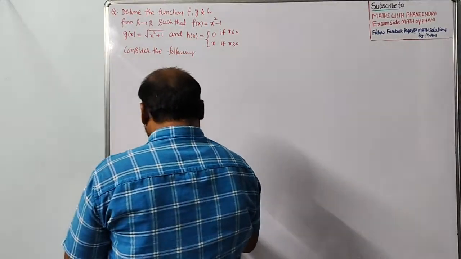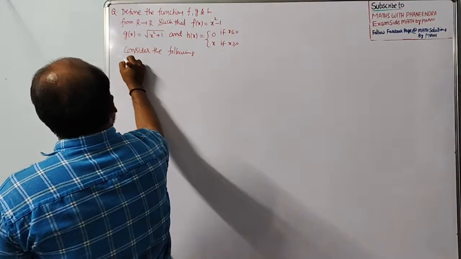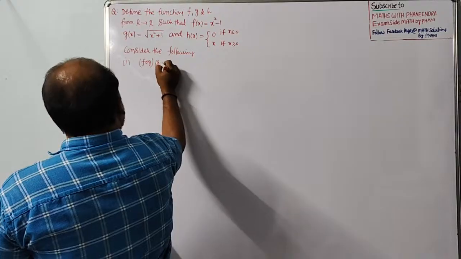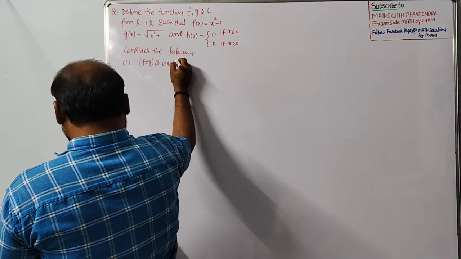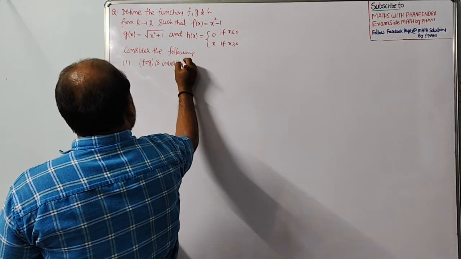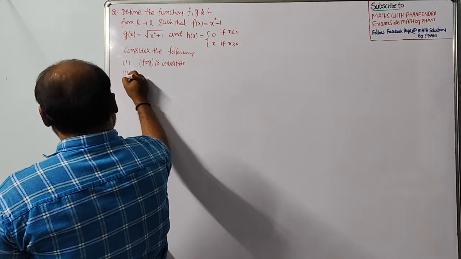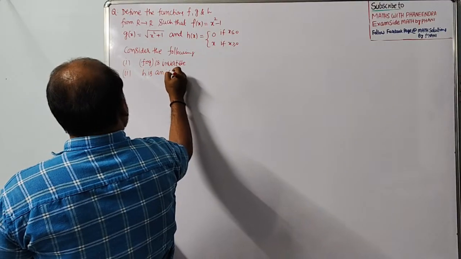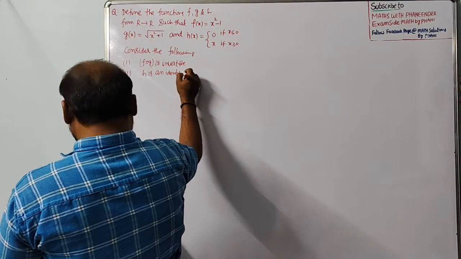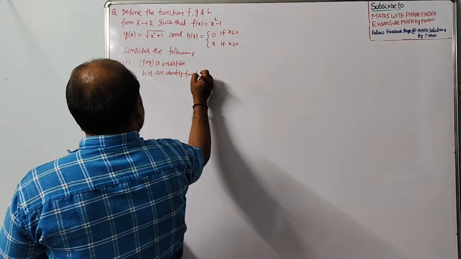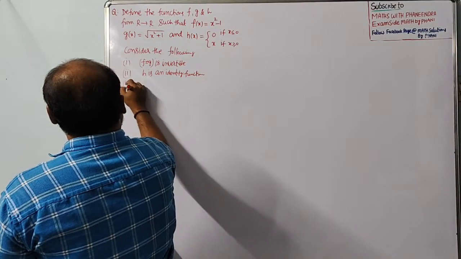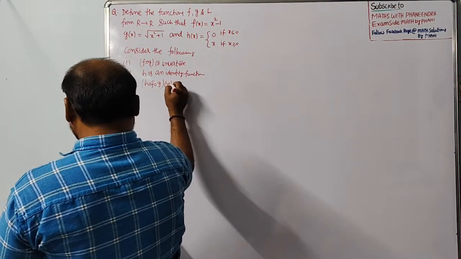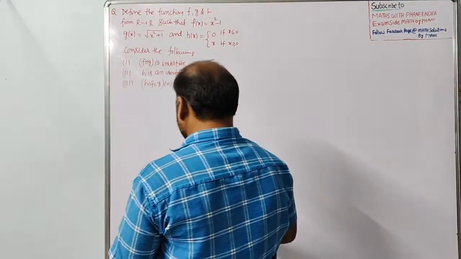That means whichever option is correct, that we need to tell. So first one, f circle g is invertible. Second one, h is an identity function. Third one, h circle f circle g of x is equal to x square.